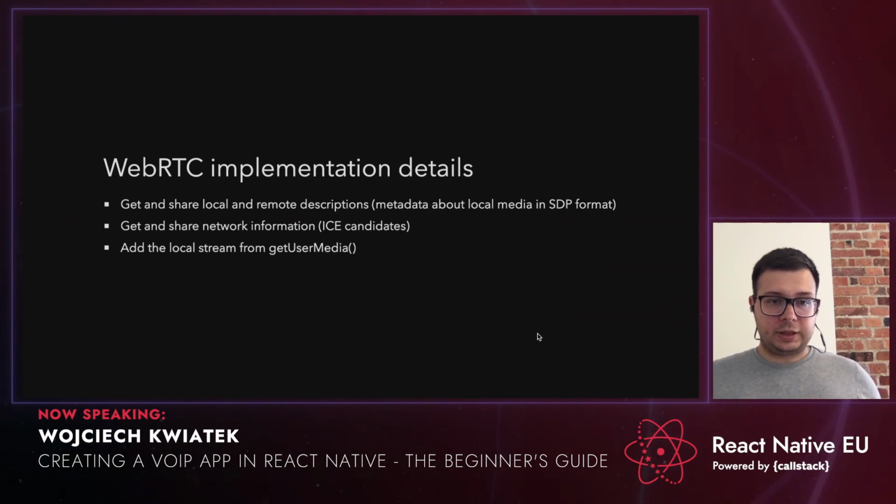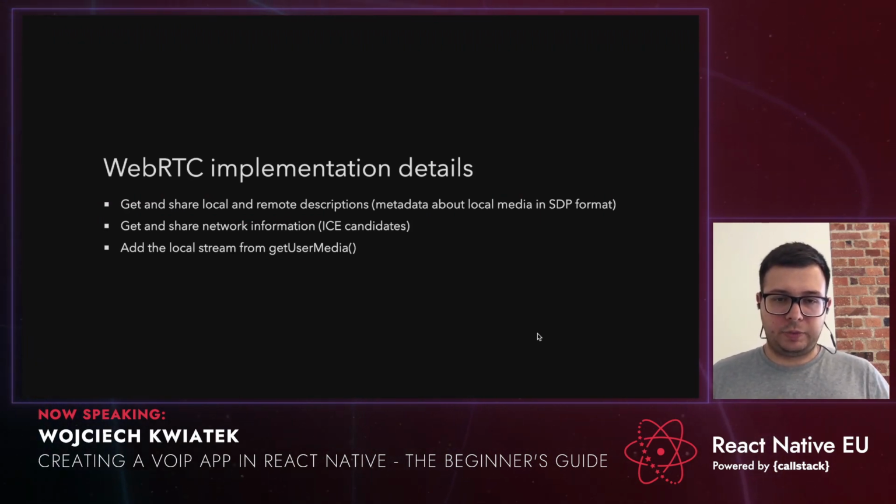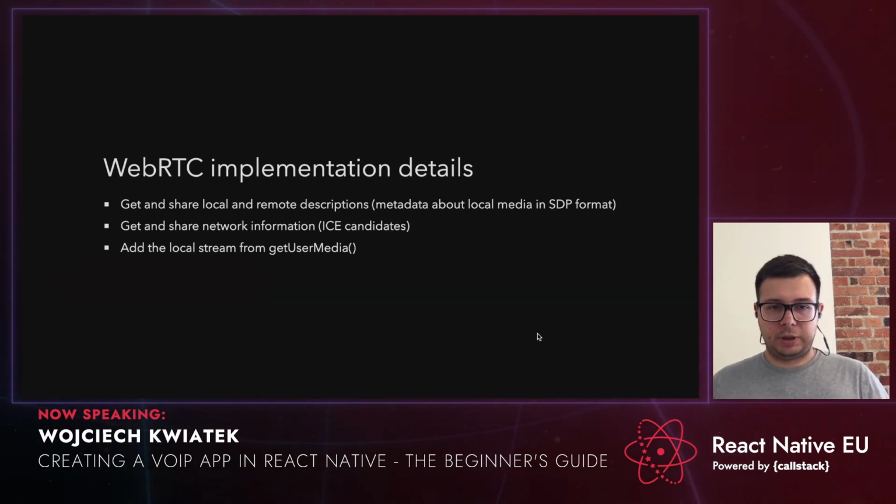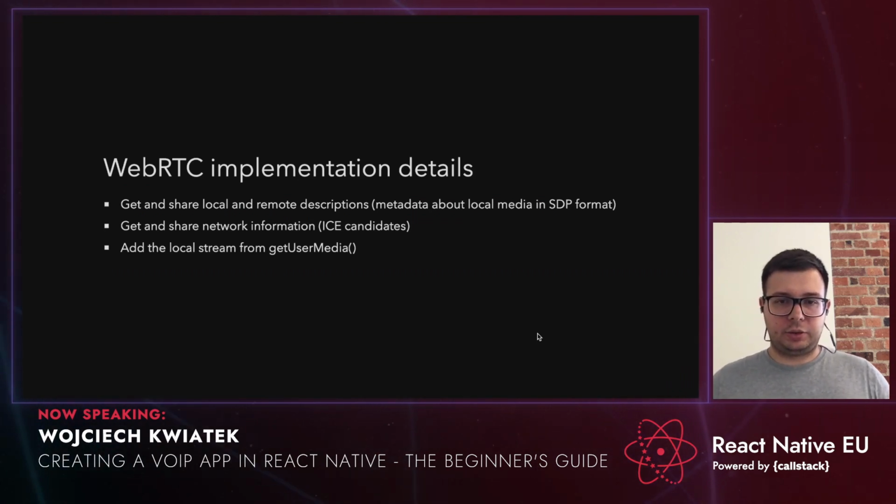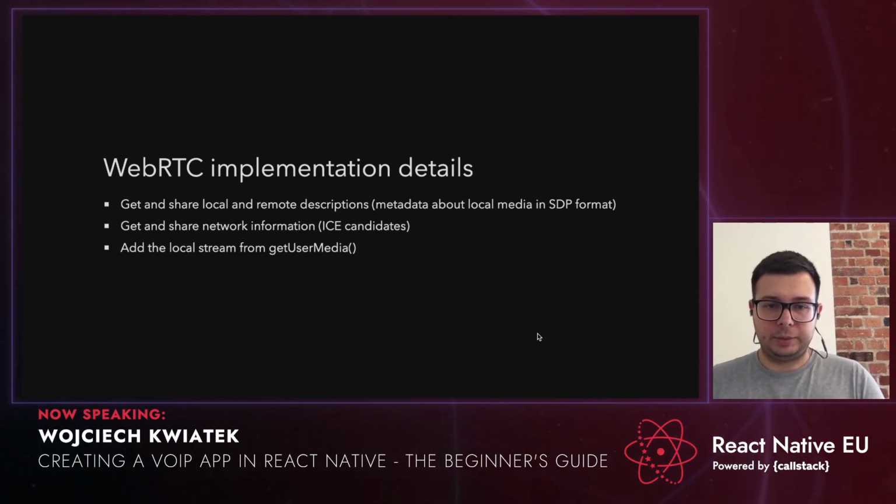And the second thing is to make the peers discoverable. So it's about the servers that we talked about just before. We need to get the information from the other peer and share the information about myself to the other peer. These are called ICE candidates. So we need to get this candidate and send it to the other party.